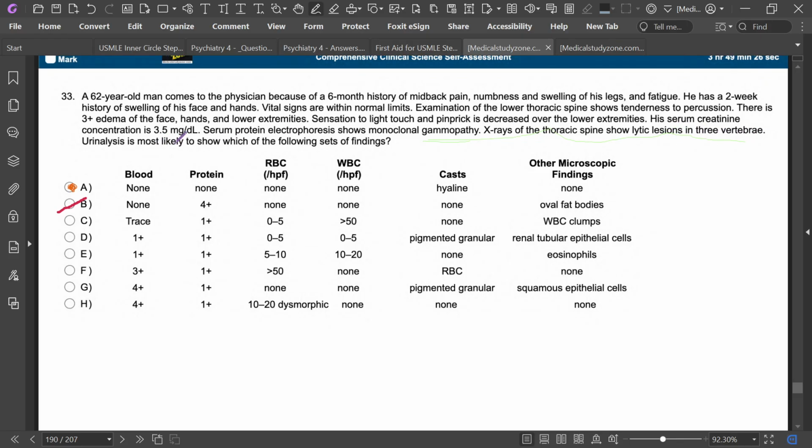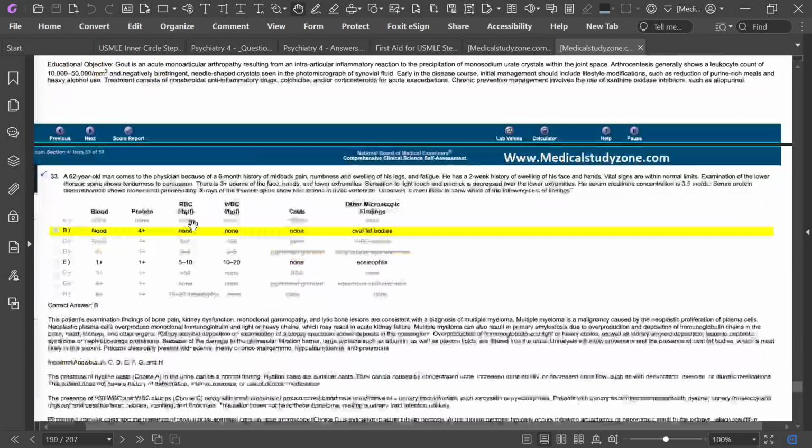Serum creatinine is high. Serum protein electrophoresis shows monoclonal gammopathy. X-ray of the thoracic spine shows lytic lesions in the vertebra. Urinalysis is most likely to show which of the following findings?